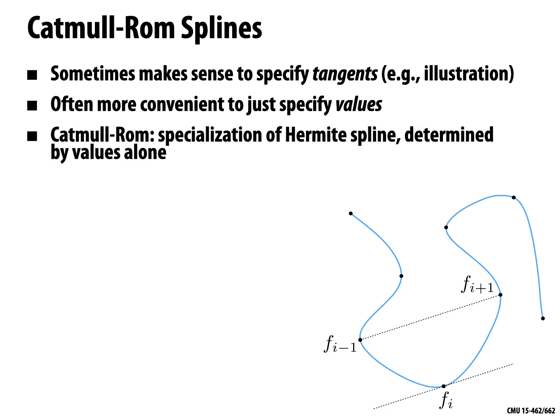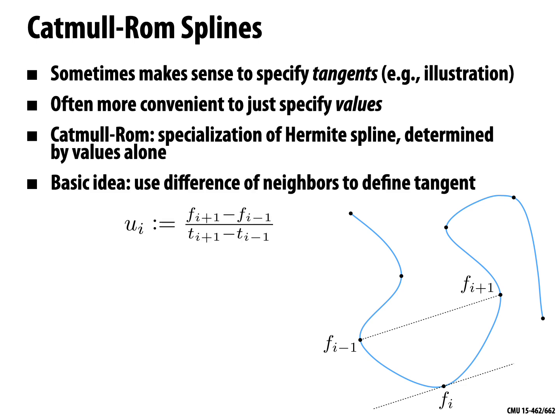So a Catmull-Rom spline is a kind of specialization, if you like, of a Hermite or Bezier spline that can be determined purely from the values. Okay? And the basic idea is illustrated by this picture on the bottom right, which is to say I only know the data points. Nobody's provided me with any tangents. So I'm just going to use the difference between the positions of neighbors to decide what my tangent should look like.